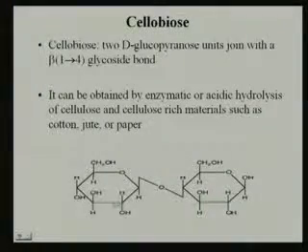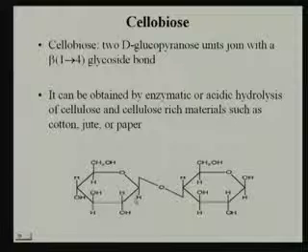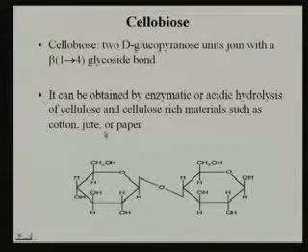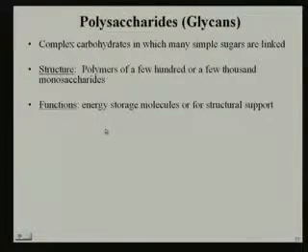Here you see one glucose is connected with another glucose moiety with beta 1,4 glycosidic linkage. It can be cleaved by an enzymatic method with the help of the enzyme cellobiase, and this type of compound is very commonly found in cotton, jute, paper, etc.